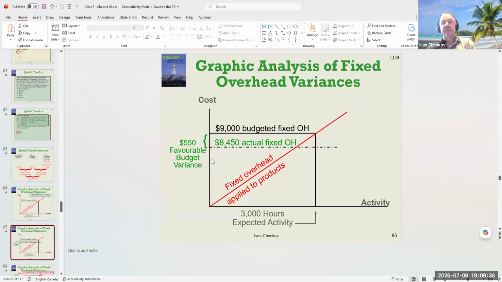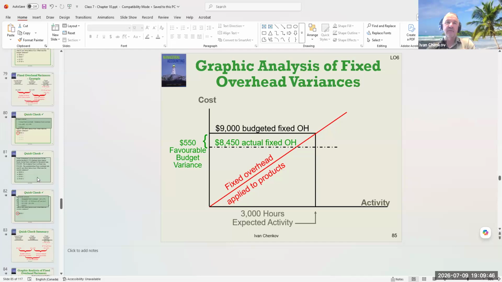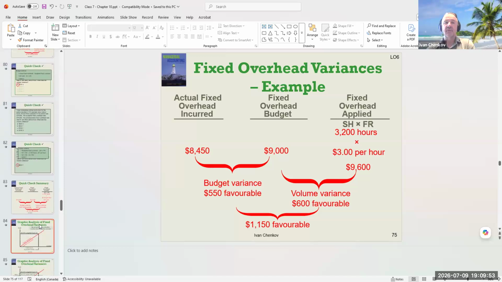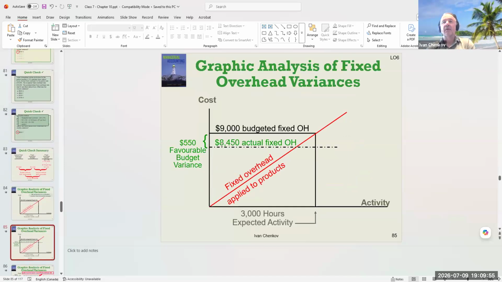In reality, the favorable is, as you remember from here, we have a reduction on the fixed overhead to $8,450. That's going to tell us that we are below the budget. So we have capacity to go up, but we didn't.